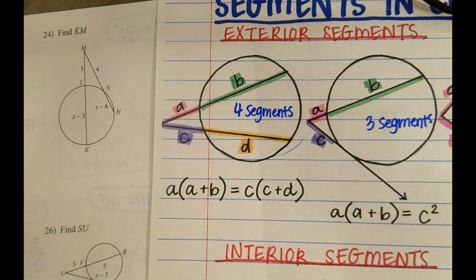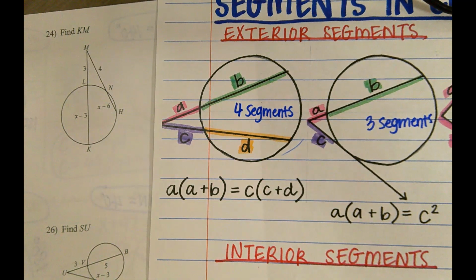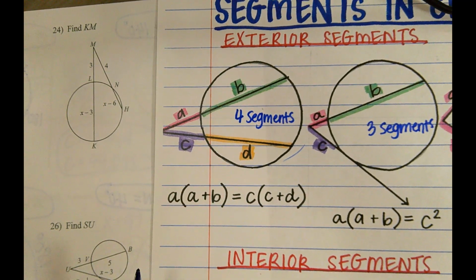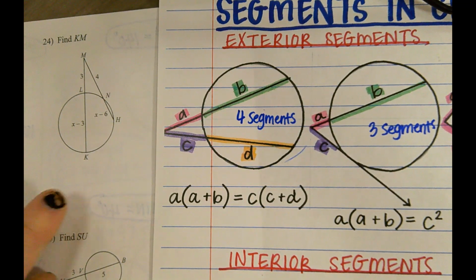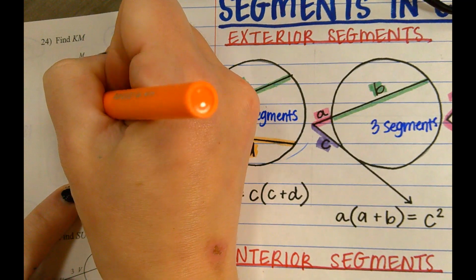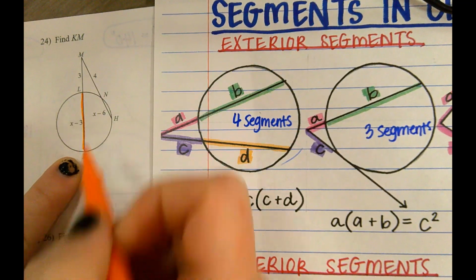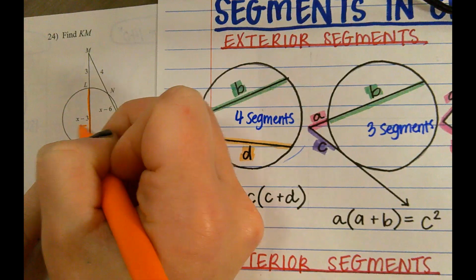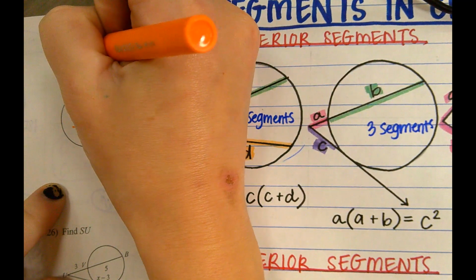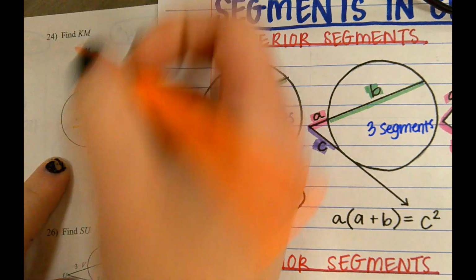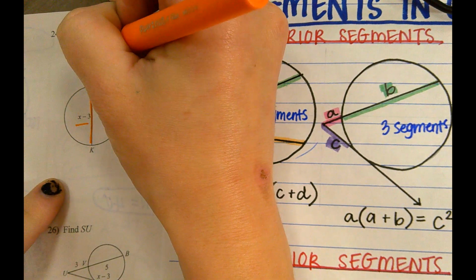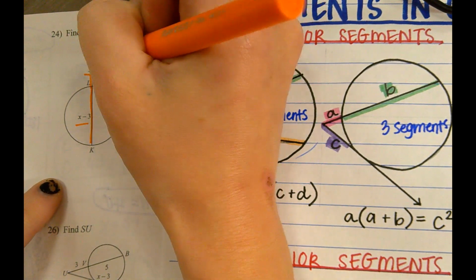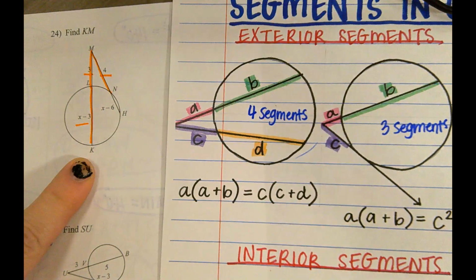So on number 24, how many segments do I have labeled? 1 here, x minus 3. 2, there's a 3 labeled. 3, from M to N, I see 4.